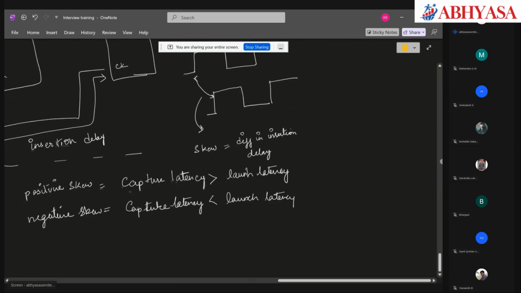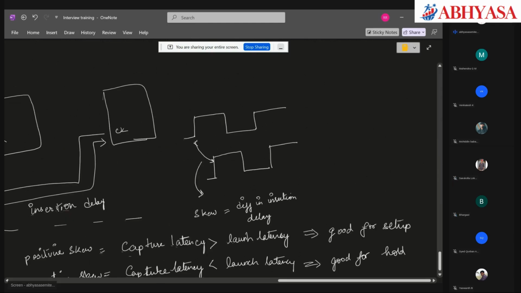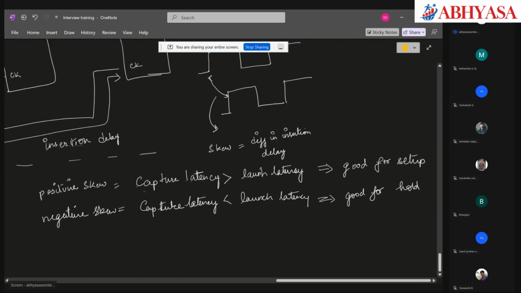Positive skew is good for, I need you to answer this. Is it good for setup or hold? Setup. Right? So, if there is positive skew, it is good for setup. If there is negative skew, it is good for hold.